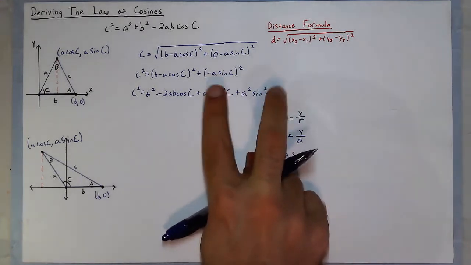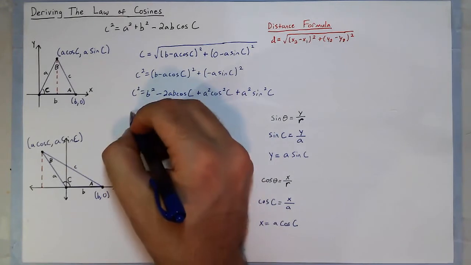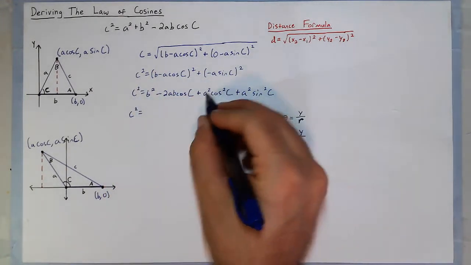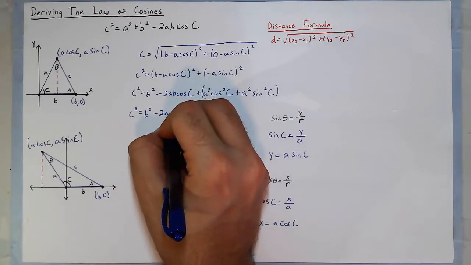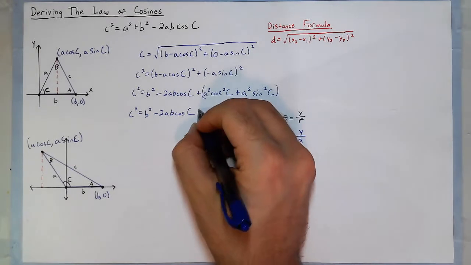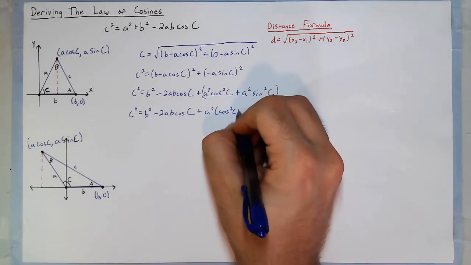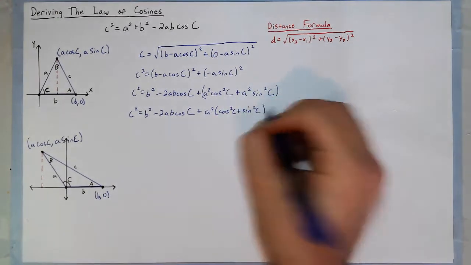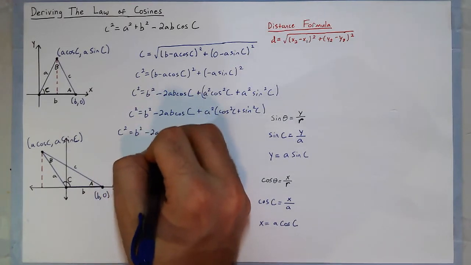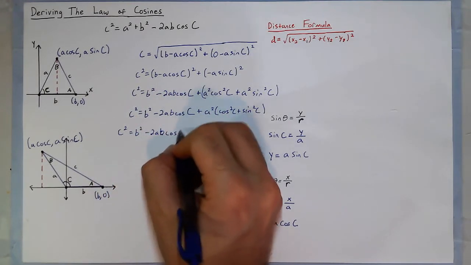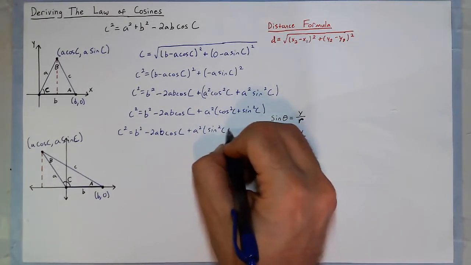And I see here I have a sine squared and a cosine squared, and they both have an a squared as a coefficient, so I can factor out the a squared from both of those terms, giving me b squared minus 2ab cosine of c plus a squared times cosine squared of c plus sine squared of c, which I recognize as the Pythagorean identity, which is sine squared of theta plus cosine squared of theta.